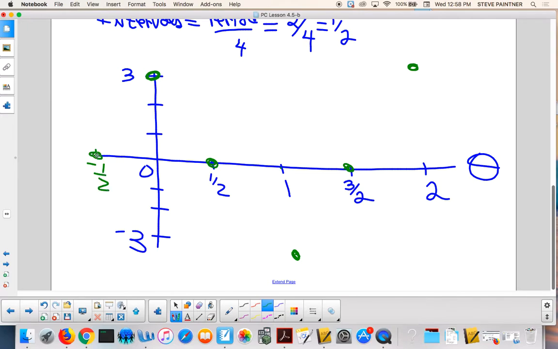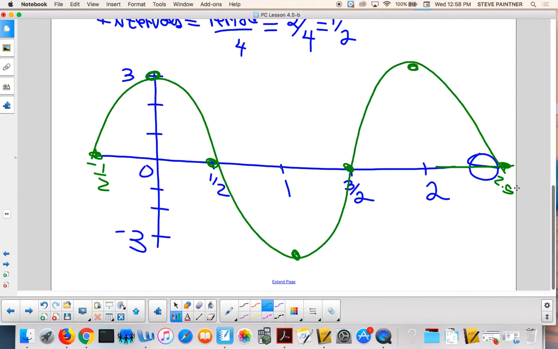What would 2.5 get you? 0. Okay, so you should know this. It's just rounded. From yesterday, you should know this. Okay? Good? That's what the graph looks like. Good? Okay, go to the next slide.